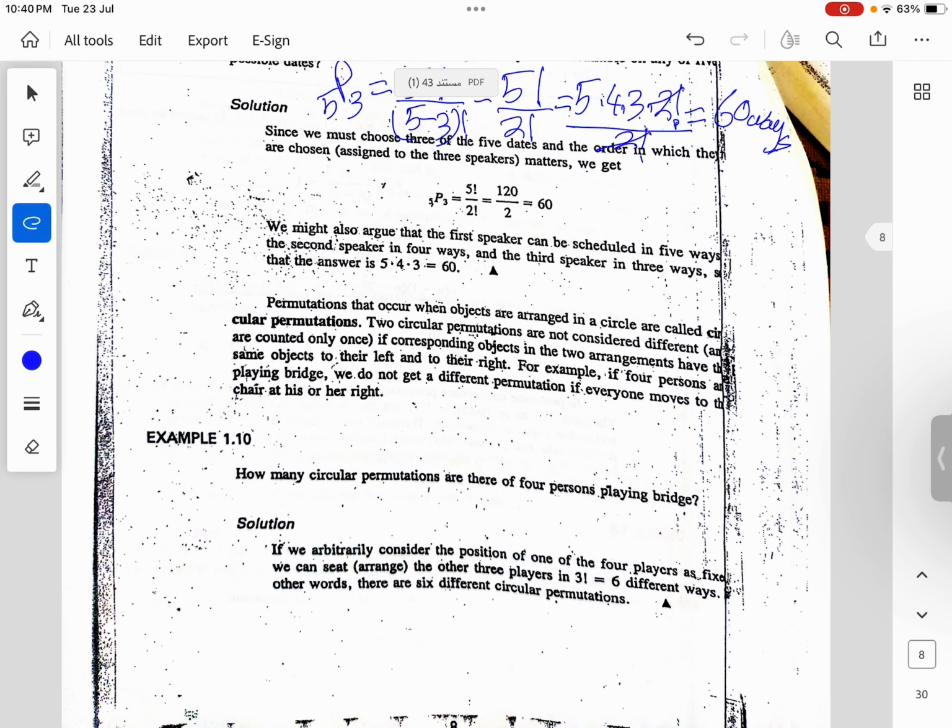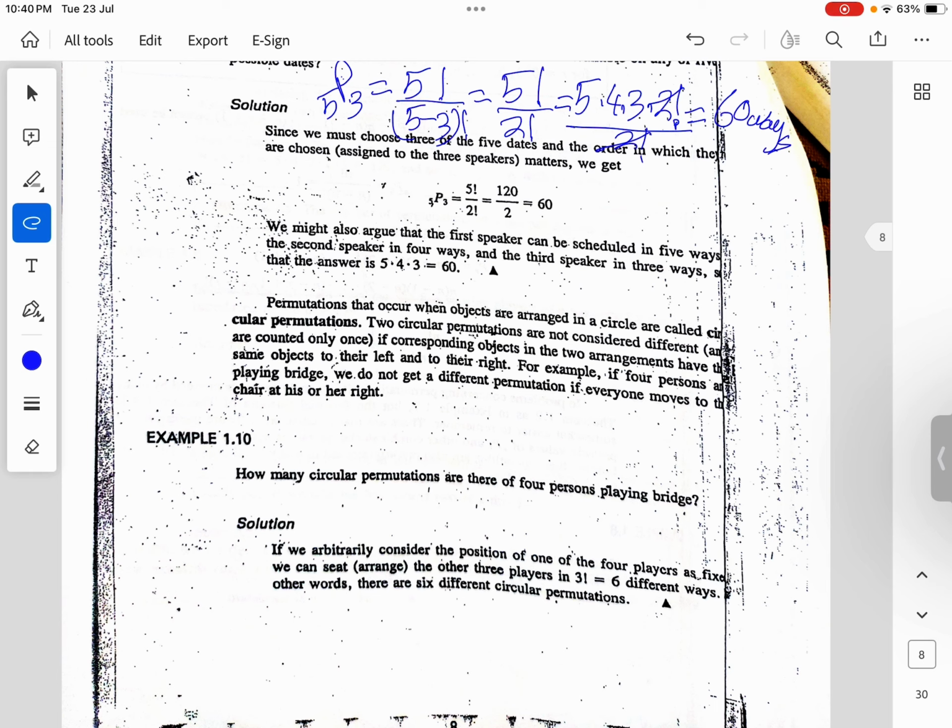We return to the second video of this section, which talks about circular permutation. What is the meaning of circular permutation?